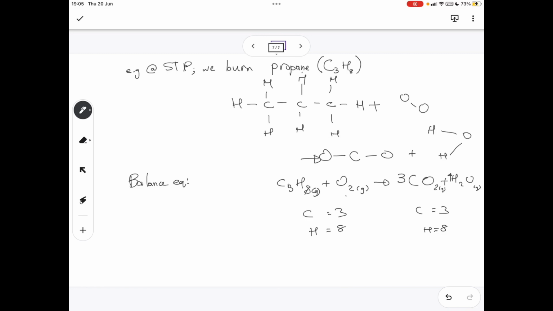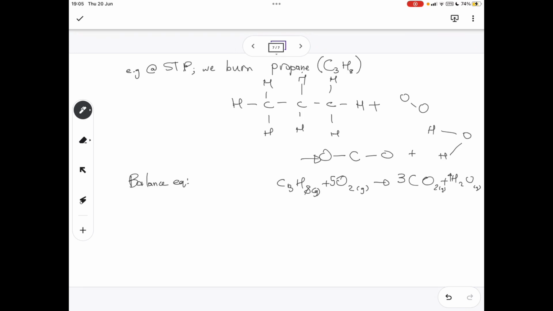But where does that leave us? We've got 4 oxygens plus 6 oxygens, so 4 oxygens from the water molecules and 6 oxygens from carbon dioxide, but only 2 before the reaction takes place. So if we multiply that by 5, then we'll have 10 oxygens and 10 oxygens on either side. So then our equation is balanced.